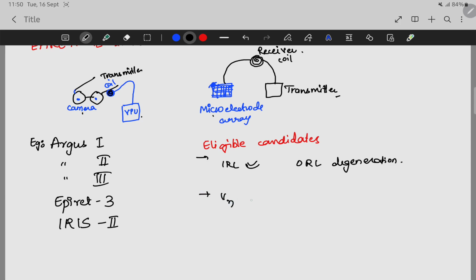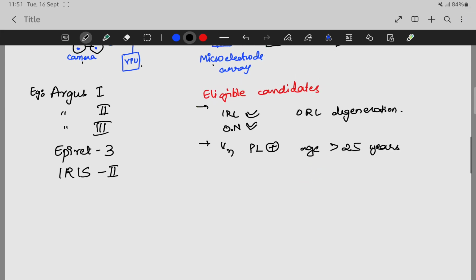And the vision should be PL plus. And the age should be more than 25 years. And their optic nerve also should be intact. Okay, so these are the eligible candidates for these techniques.